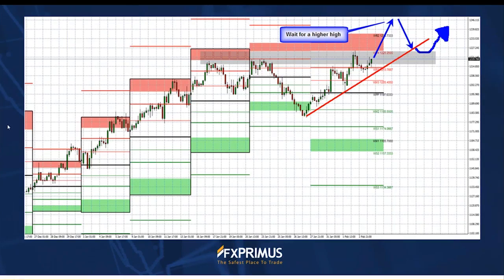Now, if you want to draw a trend line here, I'll do it here in red. I don't know if you like trend lines, but again, it's something I've explained in the course. We've gone over how to trade off trend lines.